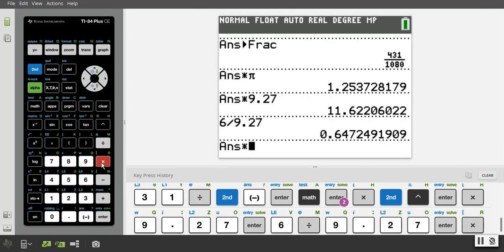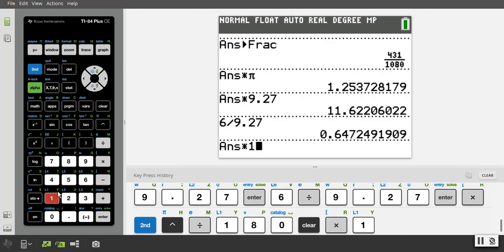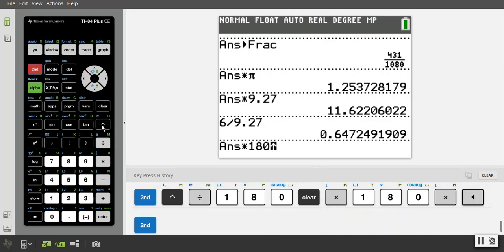I'm going to multiply that by pi, divided by 180. Oh, wait. Actually, I just noticed that it's times 180 divided by pi, because the radians have to cancel out. Let's just do this.